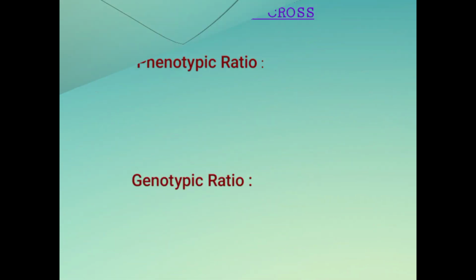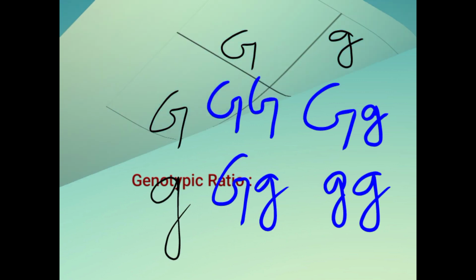Now they're asking you the phenotypic ratio and the genotypic ratio. Phenotypic ratio means the outer look, genotypic ratio means the genetic look or the internal look.